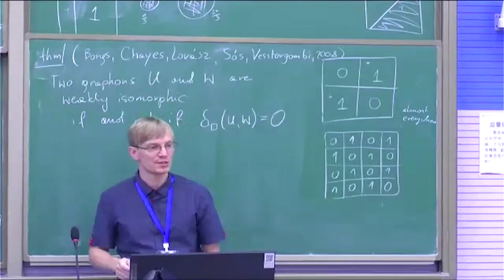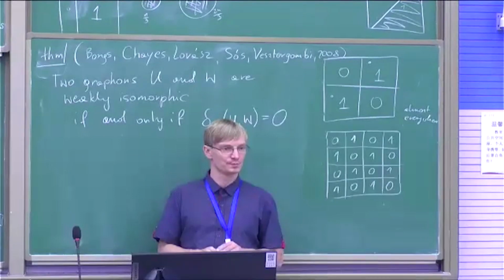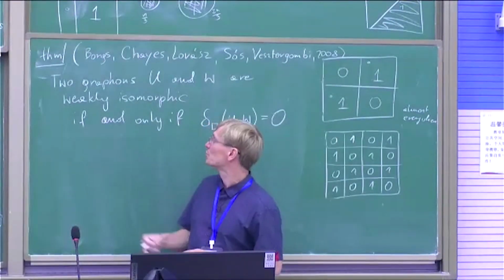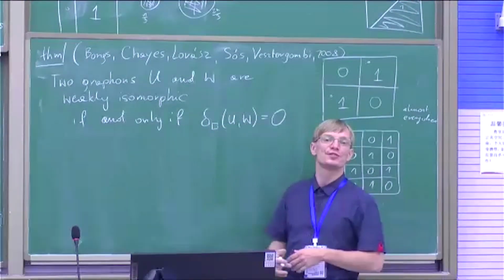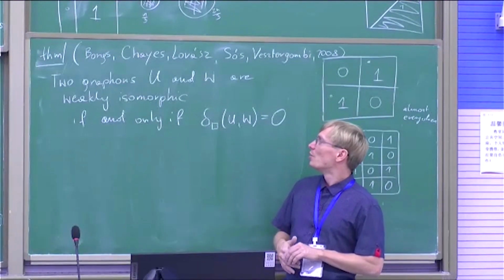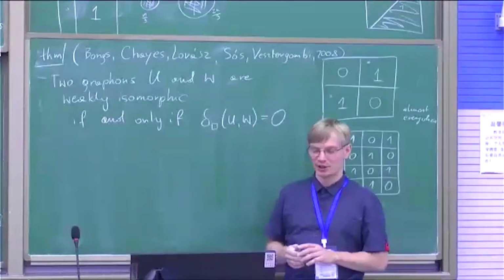So basically this cut distance is exactly capturing what we want. Whenever the cut distance between two graphons is 0, it means that they are weakly isomorphic, so they are limits of the same graph sequences. While if it's not 0, then they cannot be weakly isomorphic.